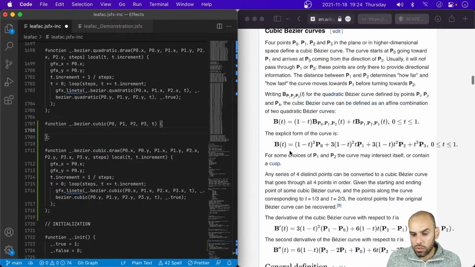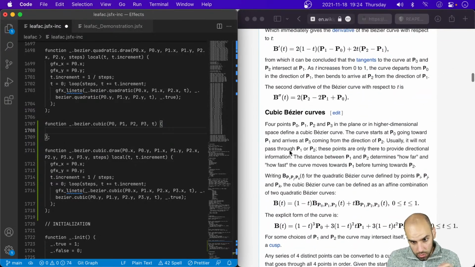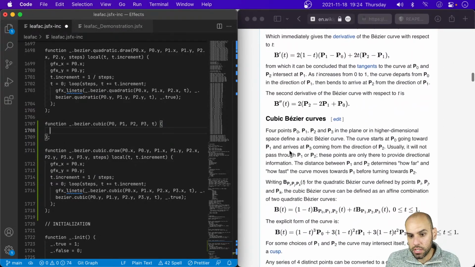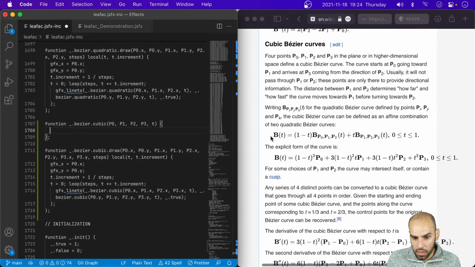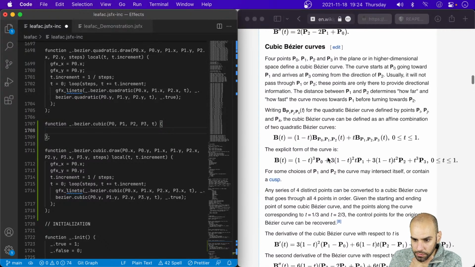But I'm going to try to do the fastest thing, which is to use the closed formula, fewer multiplications and additions. So this is, let's see, we have two flavors.